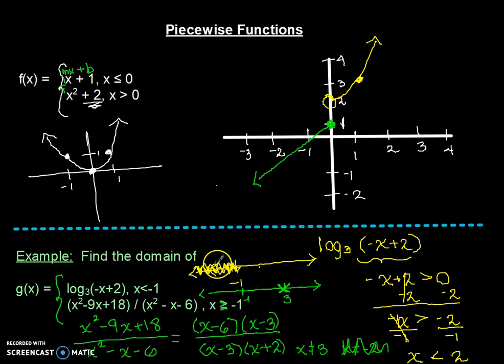So to find my domain, I'm going to just kind of take pieces of it. Now, the only number I can't use in the second function is 3. So remember, I'm only using numbers from negative 1 on, so I just can't use 3, and that's it. So how am I going to write this domain now that I've made this lovely mess? Well, I'm going to look at what I can use.